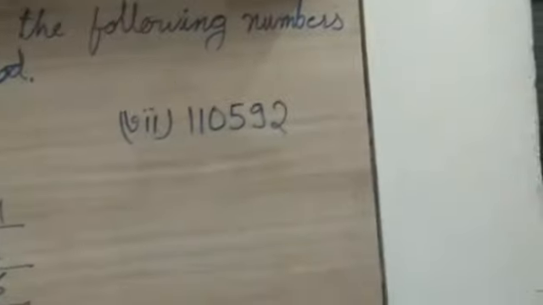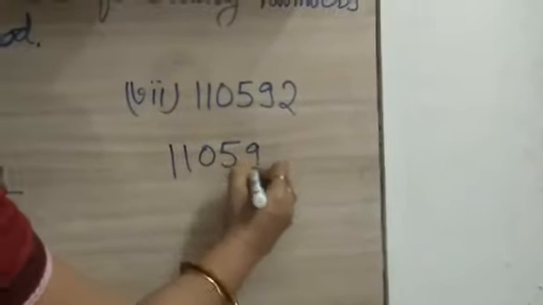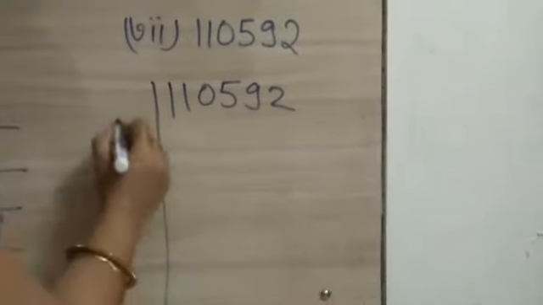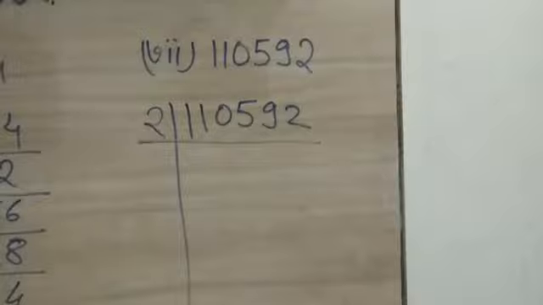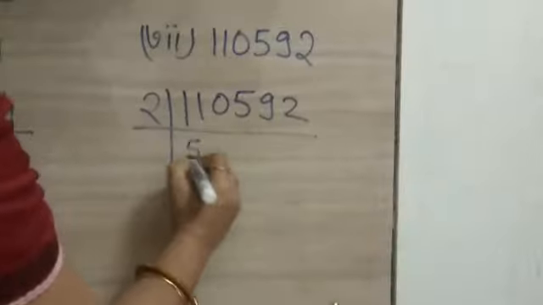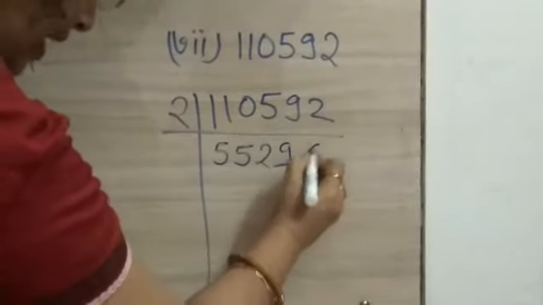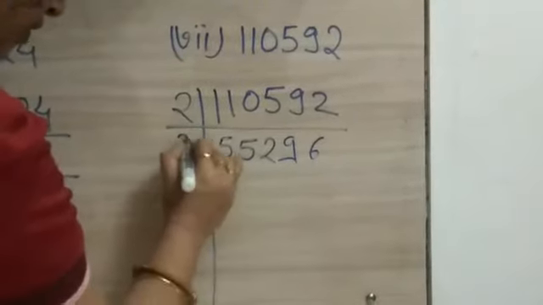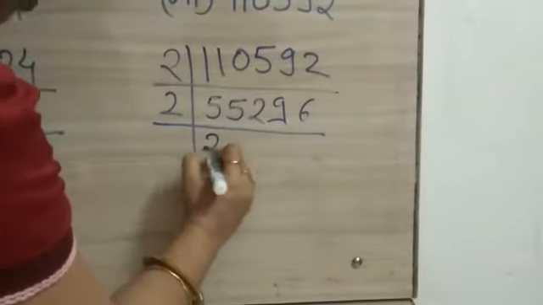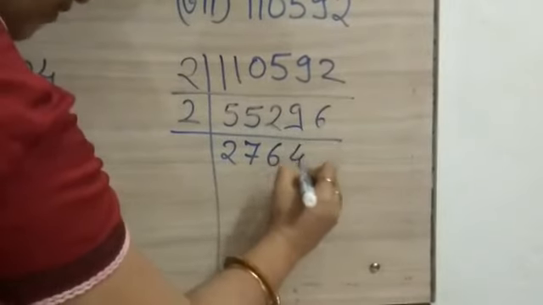Now see the seventh one. Again they have told us to find the cube root of 110,592. So what we are going to do, we will do prime factorization of 110,592. We will do it by 2. So what will happen? It will be 55296. Then again it is 6, so it will go by 2, so it will become 27648.